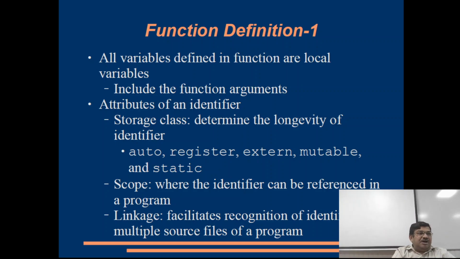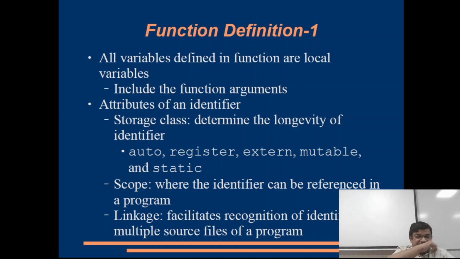And the attributes of the identifier, there are behavior modification attributes. You can define it as an auto or a normal identifier, or you can request a very high speed storage if required, if available, by requesting a register type identifier. Extern is, as the name suggests, an external variable.